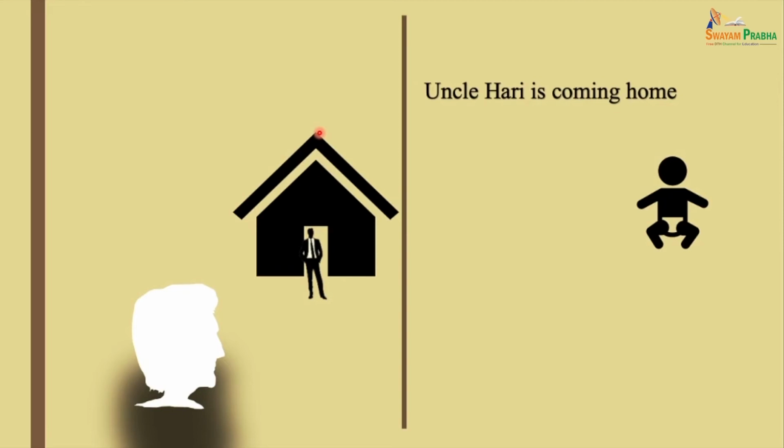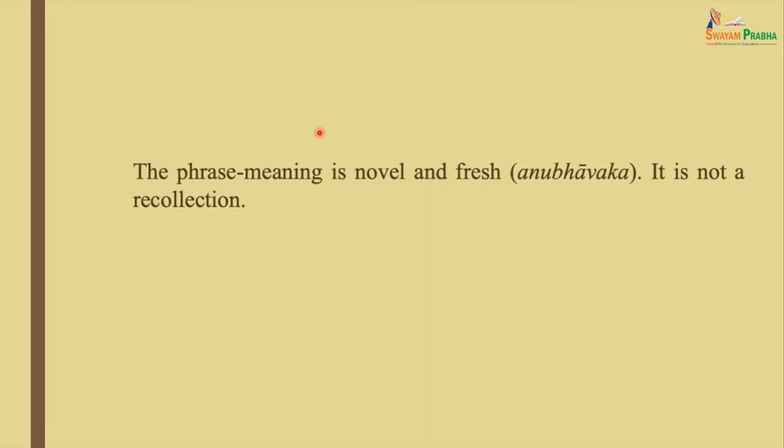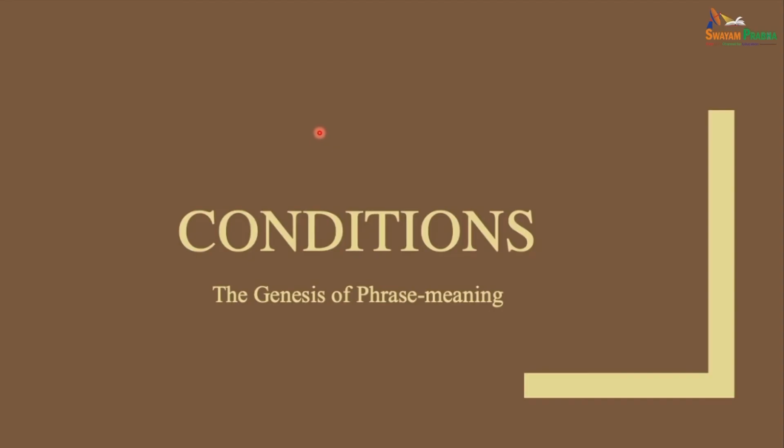When I tell that person that Hari is coming, he doesn't know who Hari is, but he understands that somebody is coming. So it is perhaps because language can do something very different, other than reminding of meanings. And so the point is the phrase meaning is novel and fresh. Anubhavaka. It is not recollection.